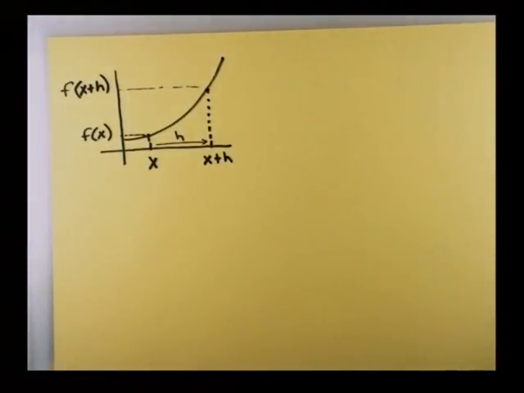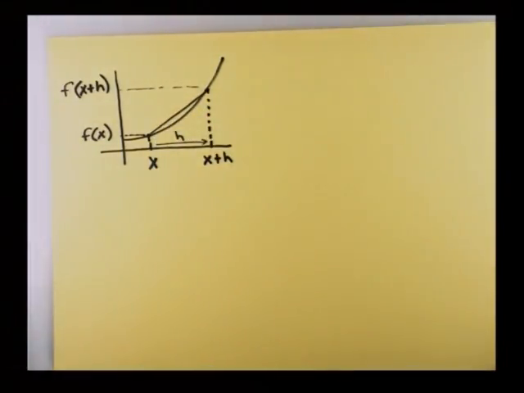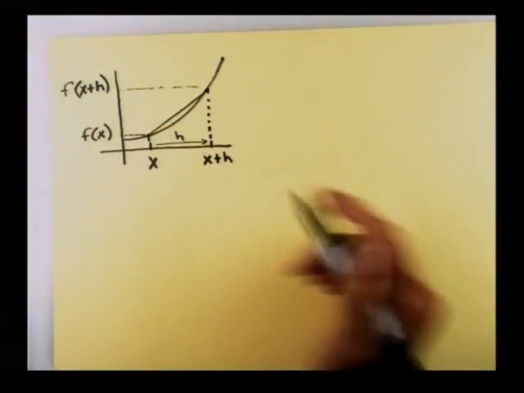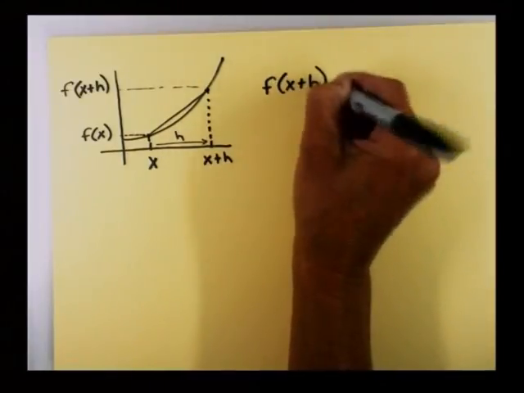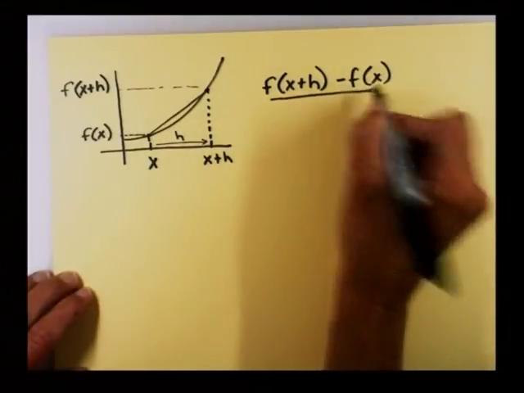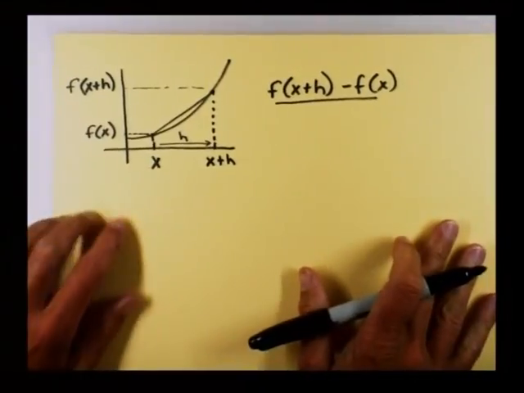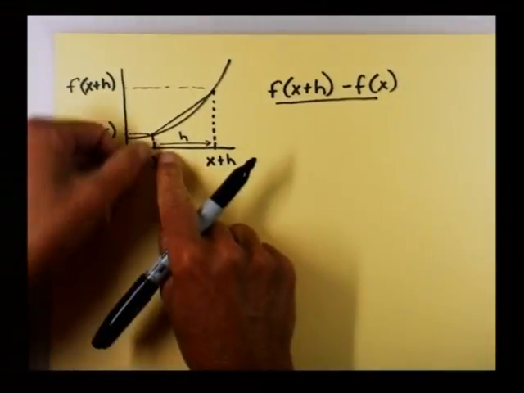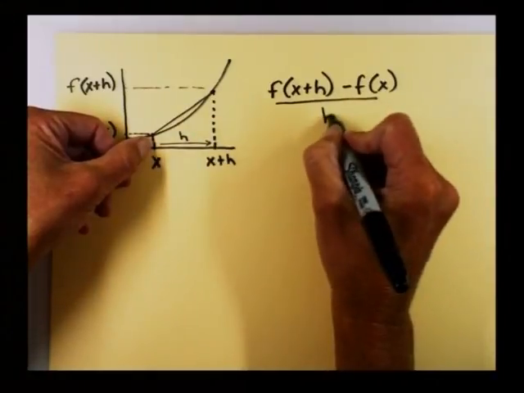So in order to find the slope or the average rate of change between the two, I would take my change in my y values over the change in my x values. Now I'm going to make this a little simplified here because the change I already know is this distance right here. It's h.